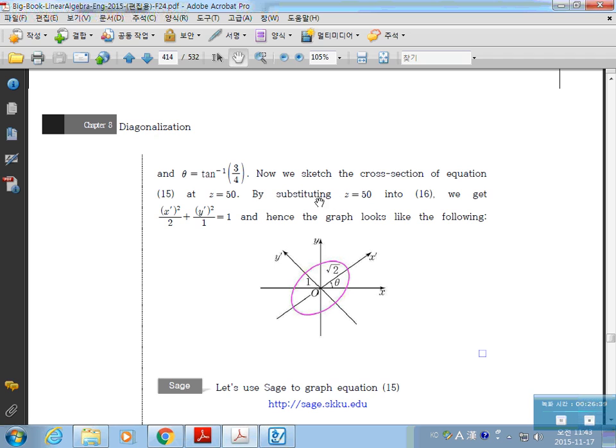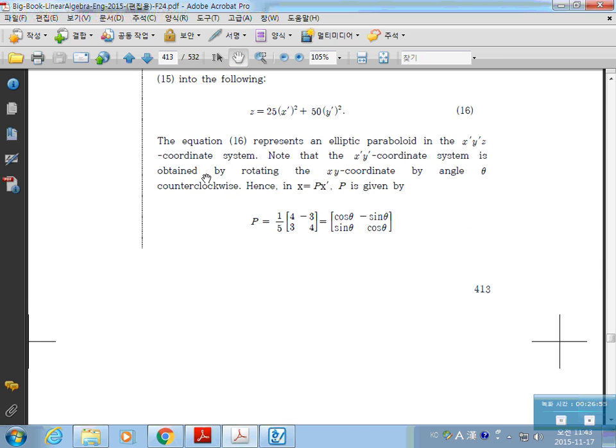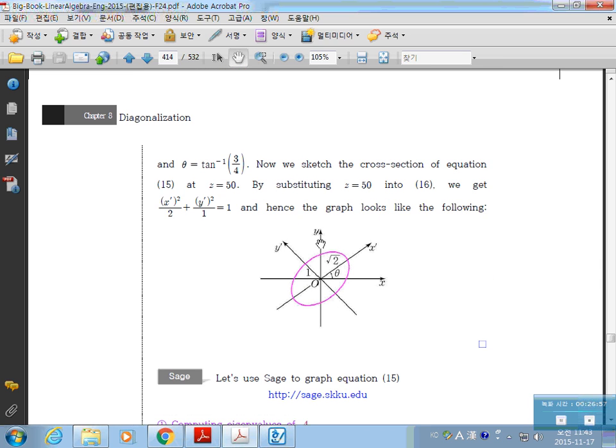Just substitute z equal to 50 into the equation. Then we have this. So this is an ellipse in a new coordinate system that has been rotated by this angle counterclockwise, like this.